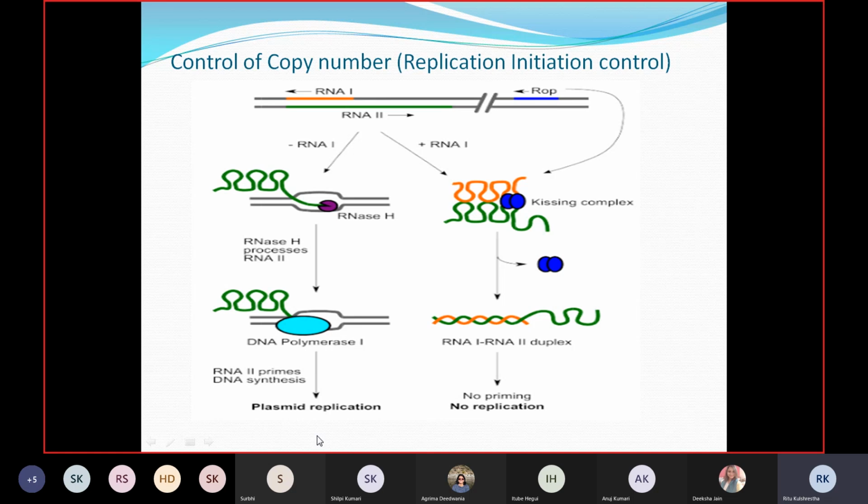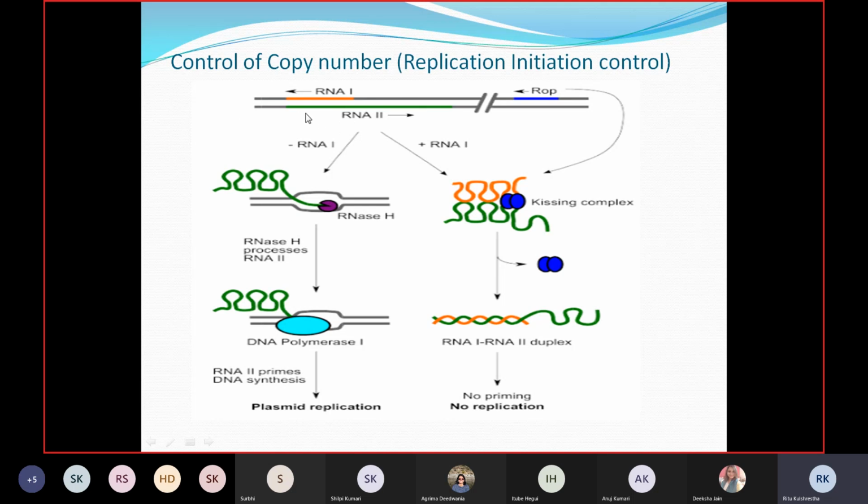Now consider another scenario in which we have lots of plasmid which has now been generated within a bacterium. The RNA1 transcript is generally present at a very low level, but when we have a huge amount of plasmids accumulated in the bacteria, then comparatively much more RNA1 is produced.